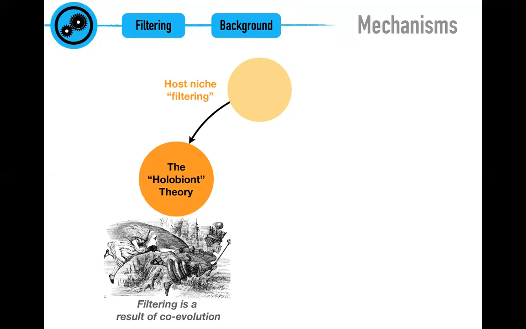We need to include all those microbes that come with the animal or the plant, and we need to think about it as a holobiont. So it's not just an animal or a plant, but a mix of a plant or an animal with all these microbes that host a hologenome, which is the genome of the host and the genome of the microbes.